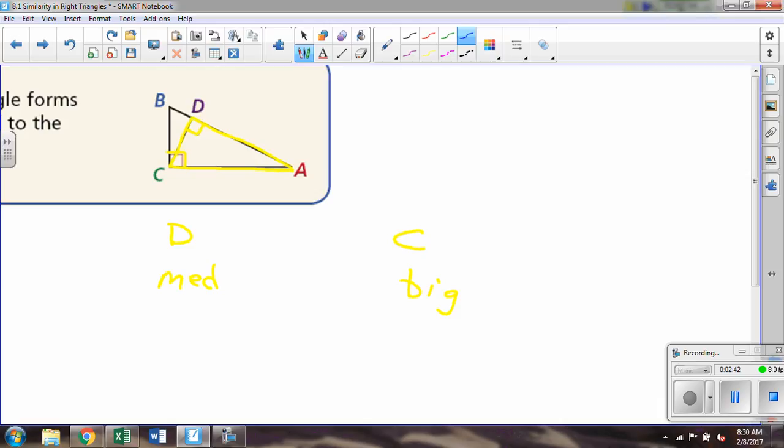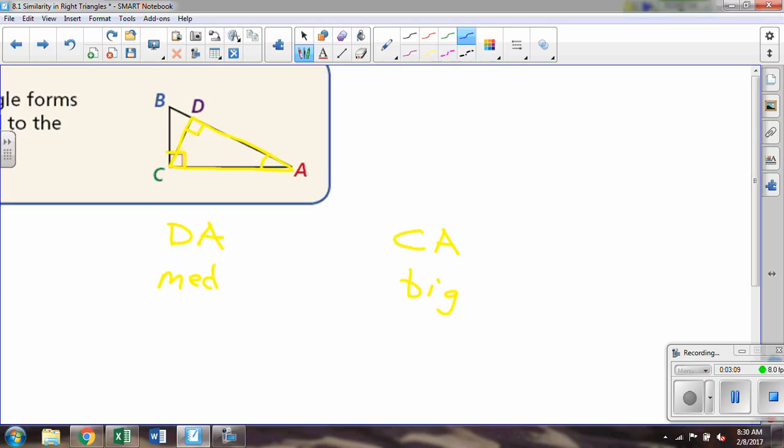Do you notice in both instances, we have an angle A in both the big triangle and the medium triangle? And of course, that angle has to be congruent to itself, so angle A matches up with angle A. Because of angle similarity, we know that the triangles have to be similar. 90 matches 90, A matches itself.